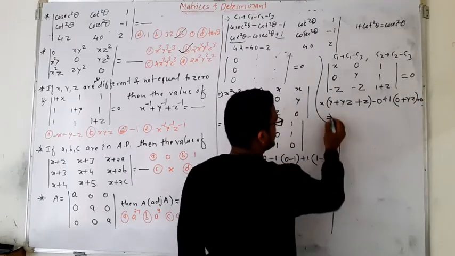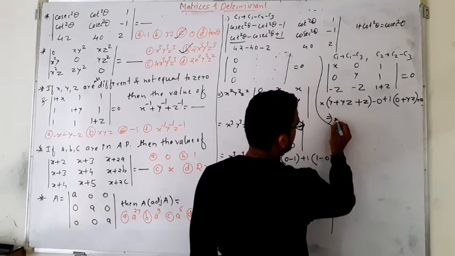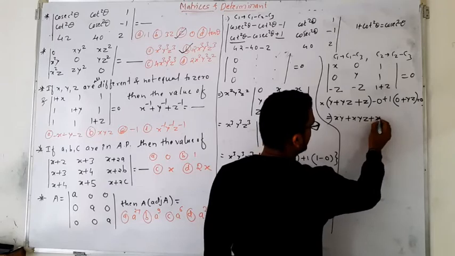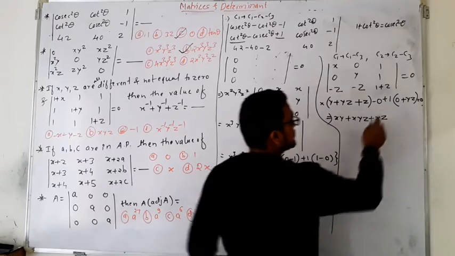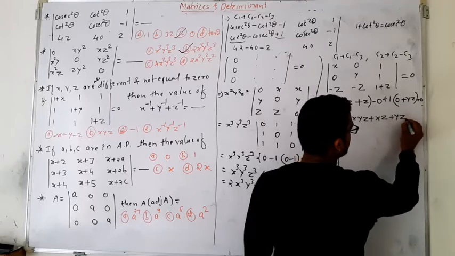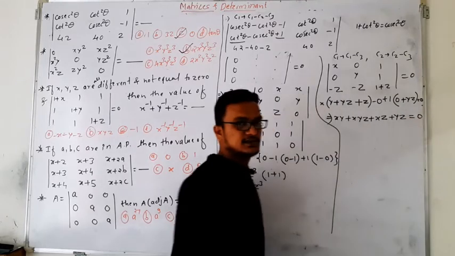So x multiplied inside the bracket is xy plus xyz plus xz. So 0 plus yz is yz into 1 plus yz, which is equal to 0.